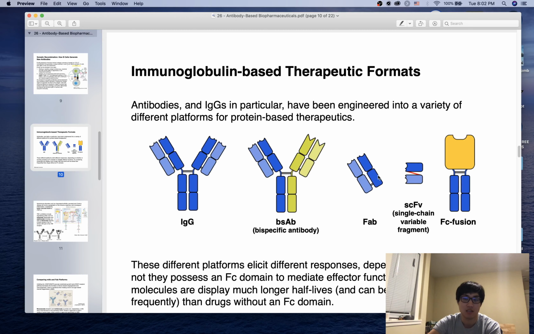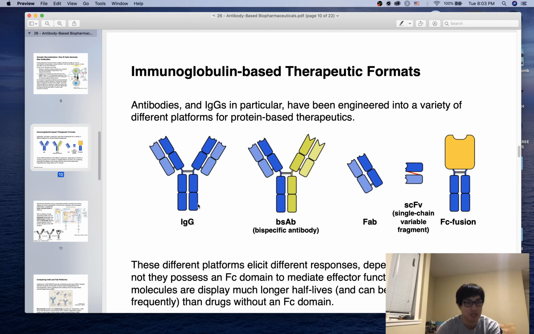Compared to the entire IgG, it's Fab plus Fc. If you have only Fab, the binding affinity theoretically doesn't change, because these are the parts for antigen binding. One reason we sometimes want Fab is that it's small.